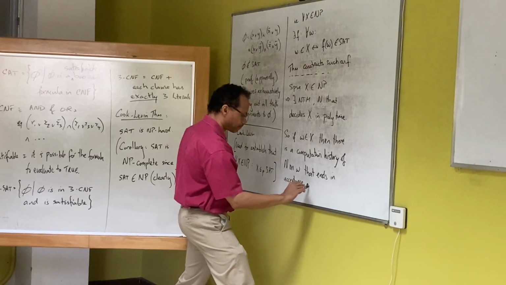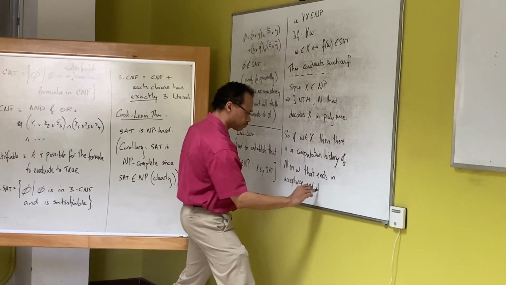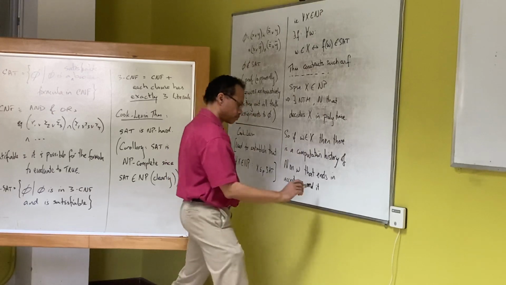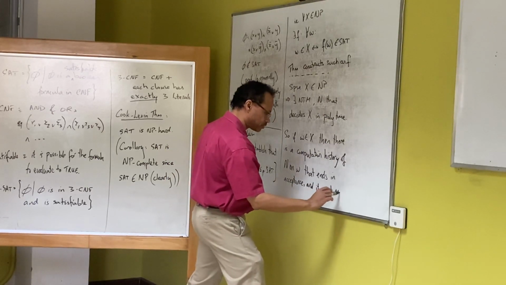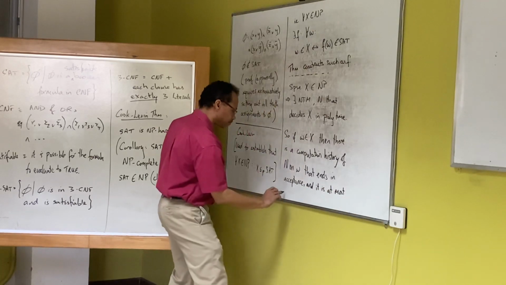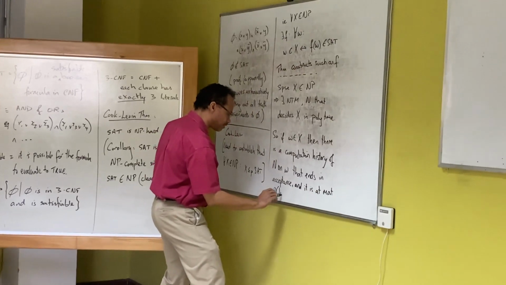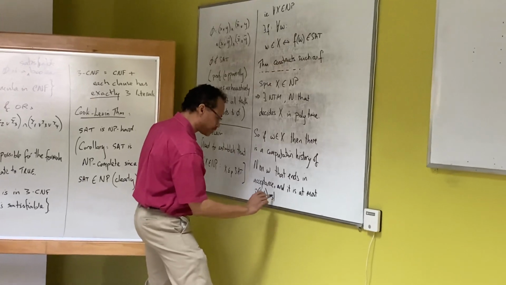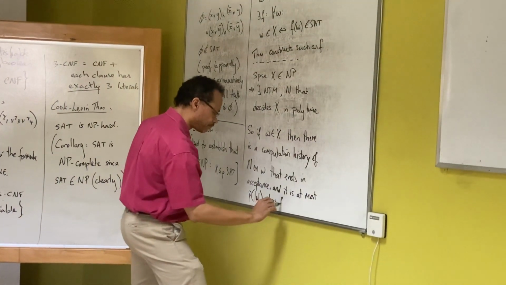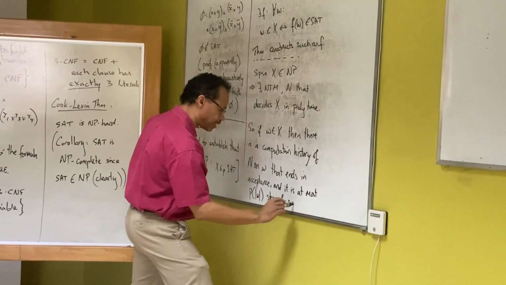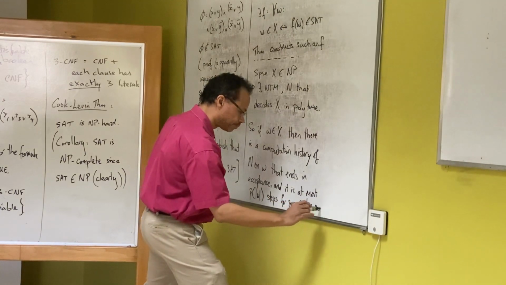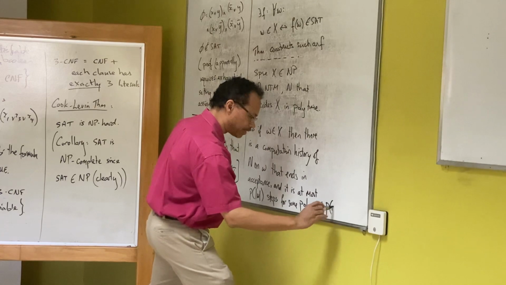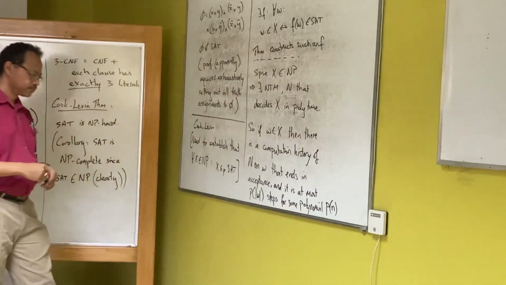And it is at most p of the length of w steps, for some polynomial p of n.